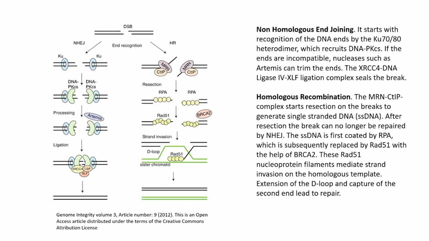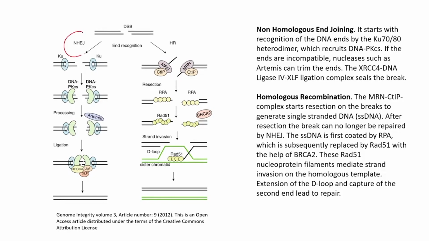So, finally, let us once again visit the two main DNA repair pathways, especially for DSBs. We have the canonical or conventional NHEJ repair pathway and the homologous recombination repair pathway.